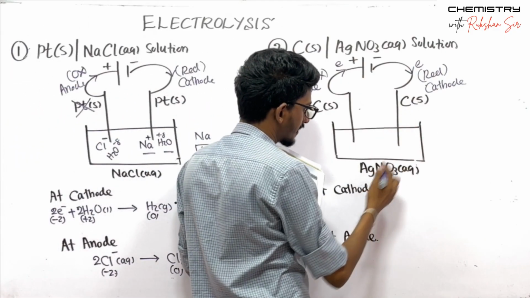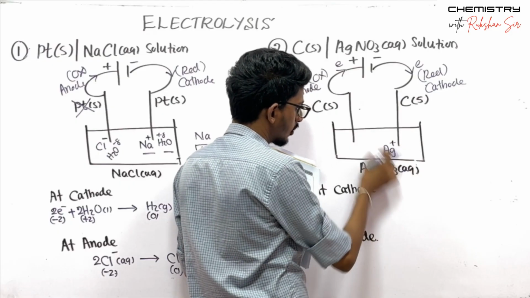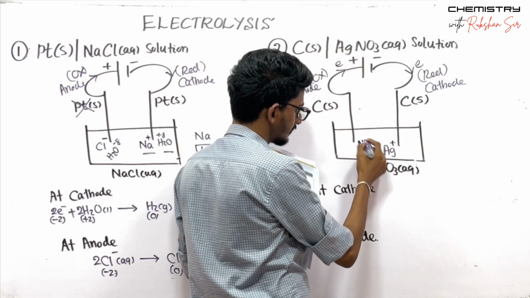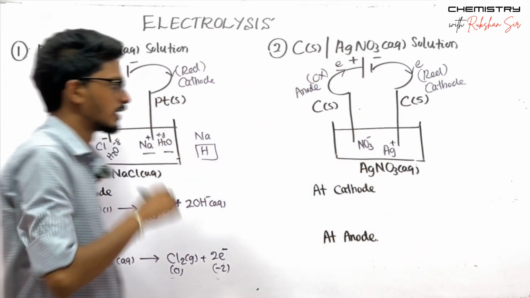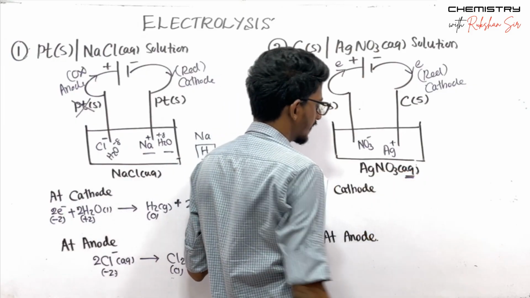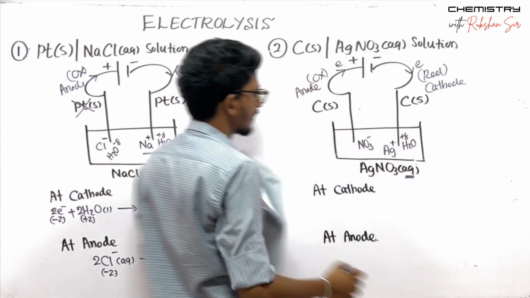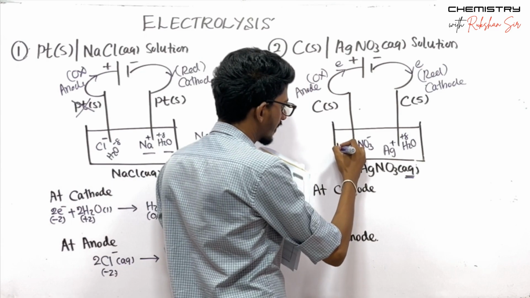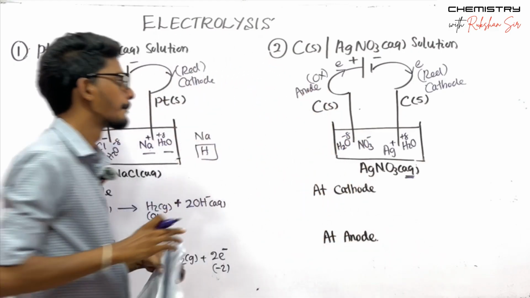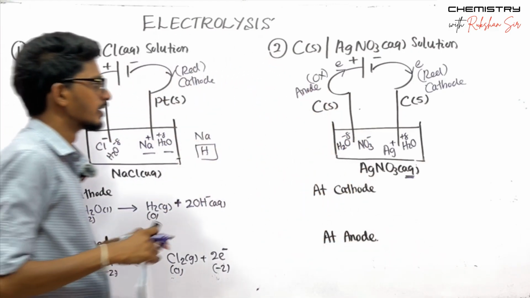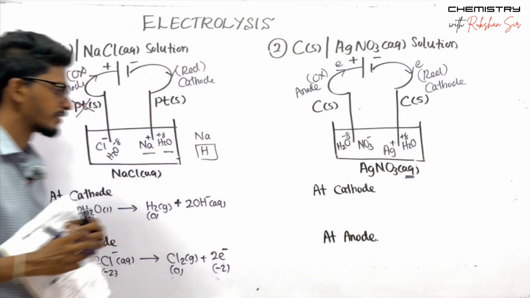Towards the cathode, cations are attracted. Towards the anode, anions are attracted. Water is also there. Water from its positive terminal approaches the cathode, the negative terminal. Water from its negative terminal approaches the positive terminal. Let's select which one will react first at the cathode as well as at the anode.